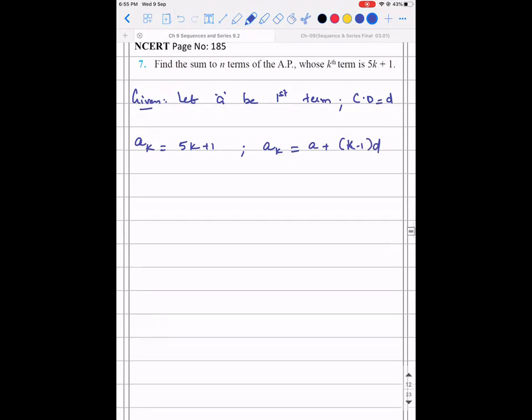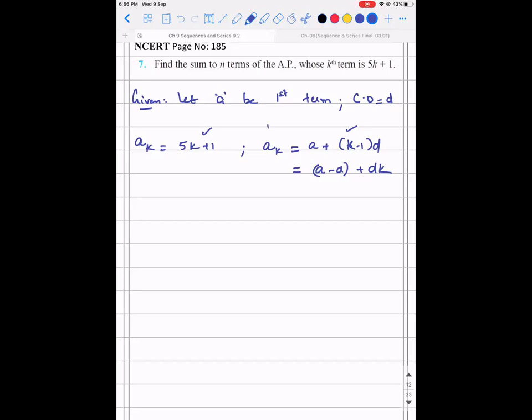Am I right? We know that the kth term, according to the formula, if a and d are the first term and the common difference, it will be a plus k minus 1 into d. Accepted? So this one and this one, when you compare it, I can write it as a minus d plus dk. Can I write it like this? Are you able to understand what I'm doing?